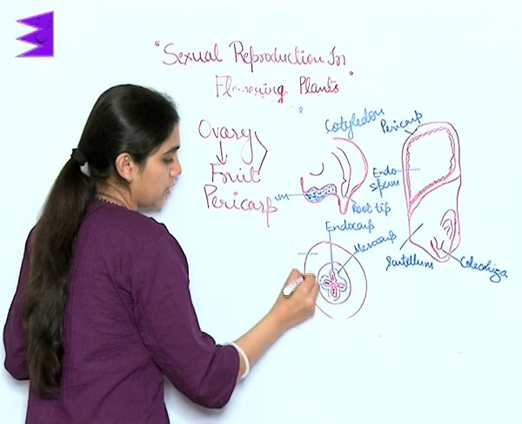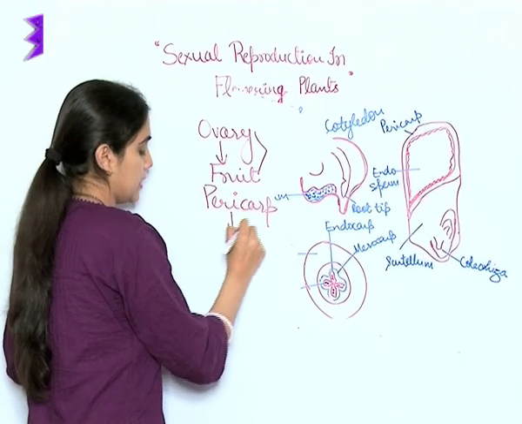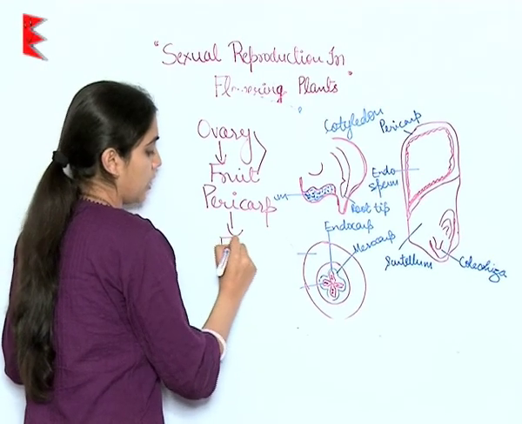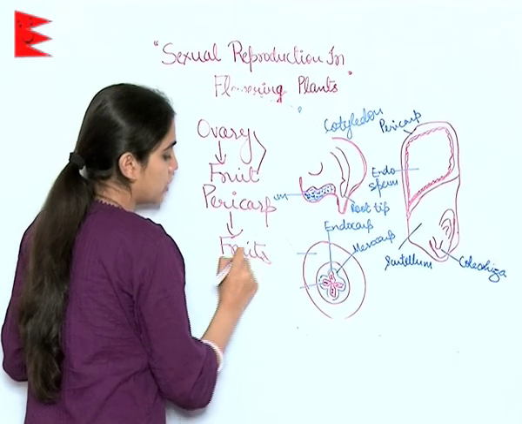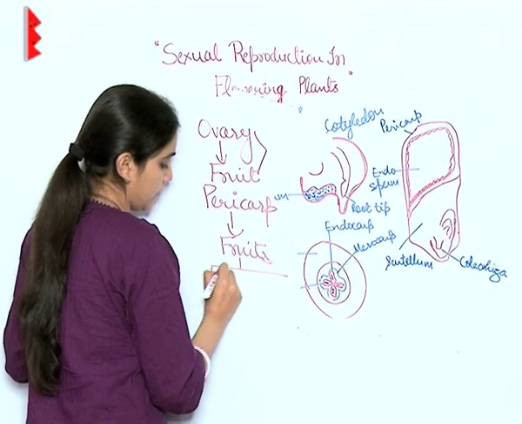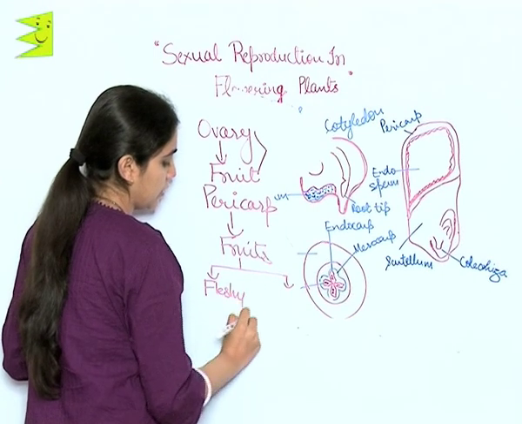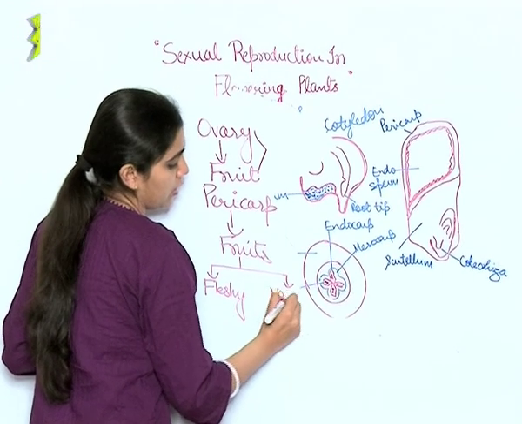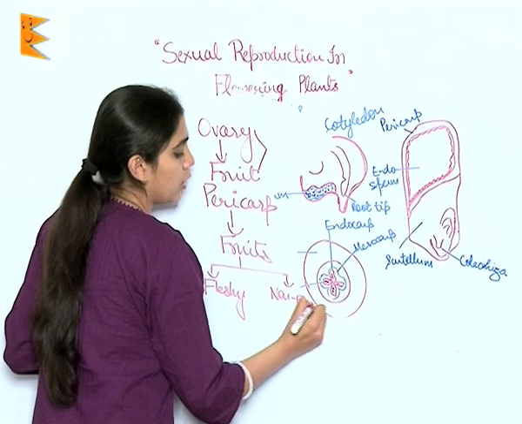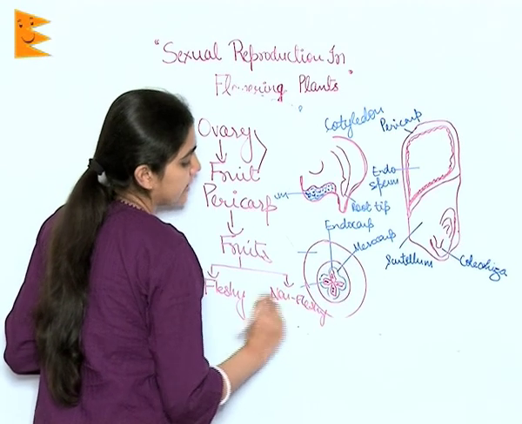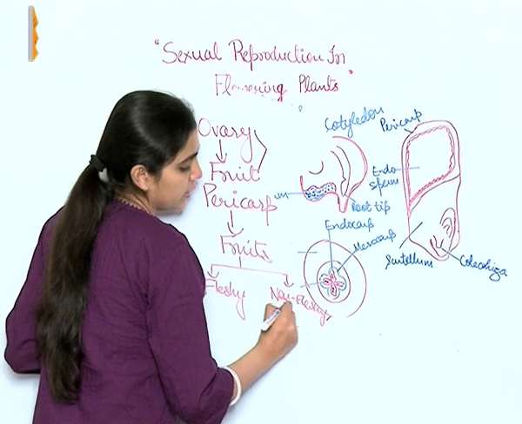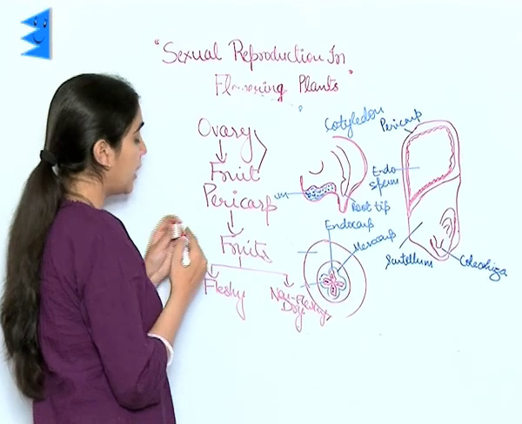Further, this gives rise to fruits which can be fleshy or non-fleshy, else the other name could be dry.